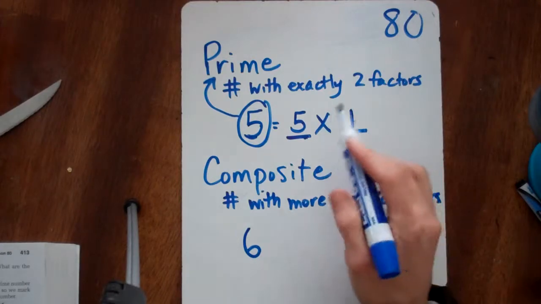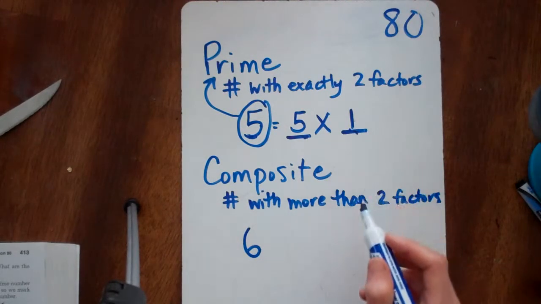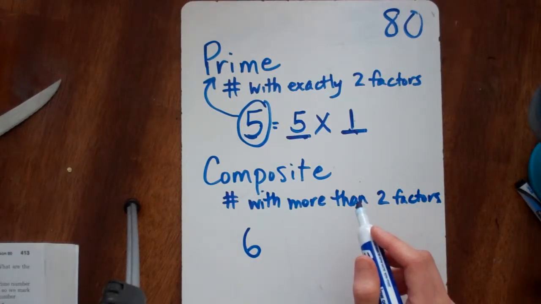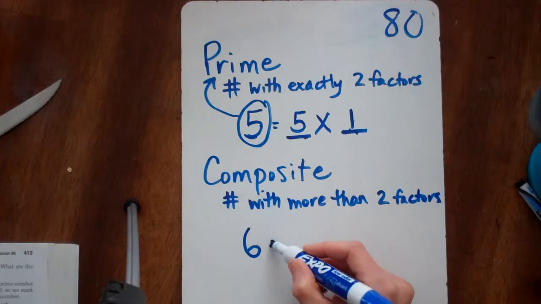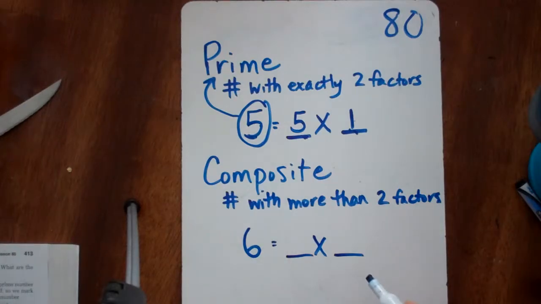Okay? We'll do a few more in just a minute, but let me show you what a composite number is. A composite number, let's take the number 6, okay? What numbers will go into 6? What times what equals 6? Well, immediately I thought of 6 times 1, okay? And there actually are some more numbers that equal 6.